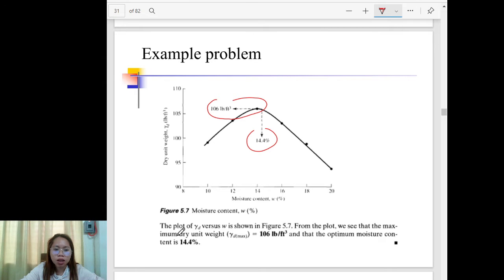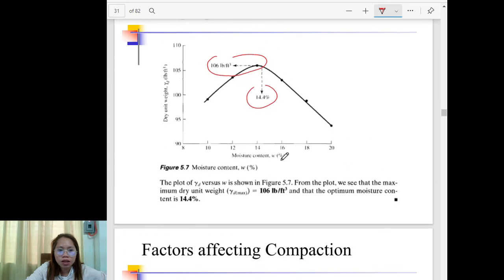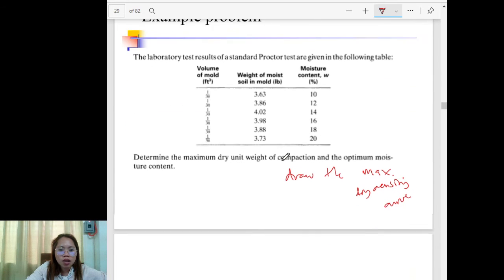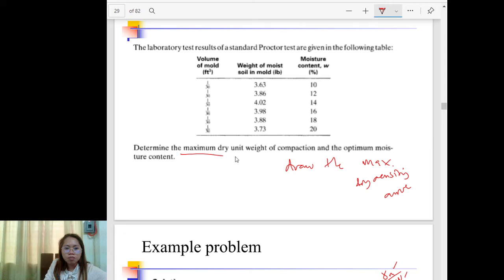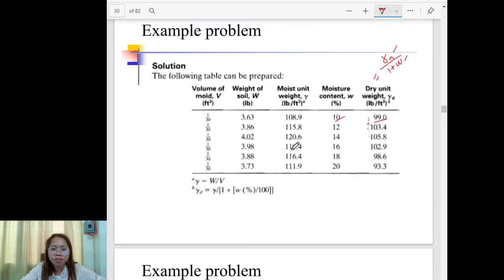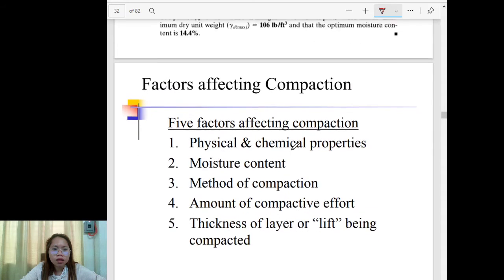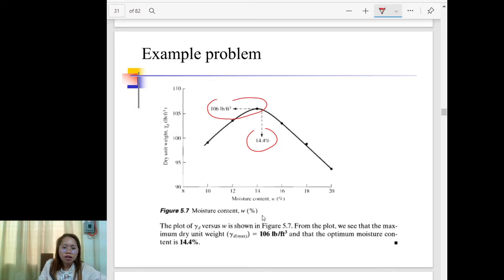From the plot, we see that the maximum dry unit weight is 106 pounds per cubic foot, and the corresponding optimum moisture content is 14.4%. So we are required to determine the maximum dry unit weight of compaction and the optimum moisture content. So this is your final answer.